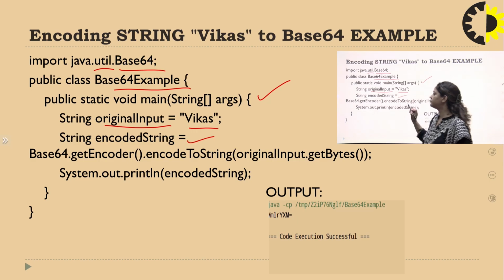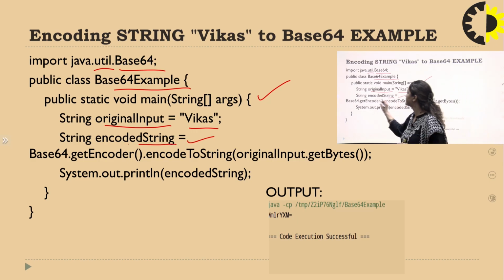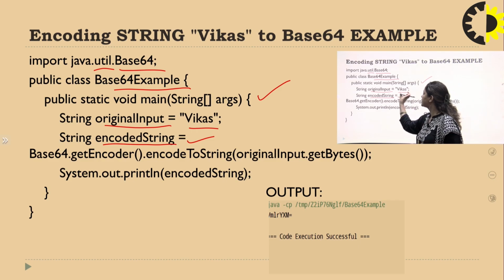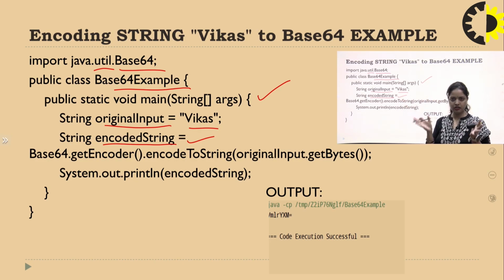For encoding it, we will create another variable named encoded string. We will convert this Vikas into the 7-character encoded code of Vikas that I have told you earlier manually.